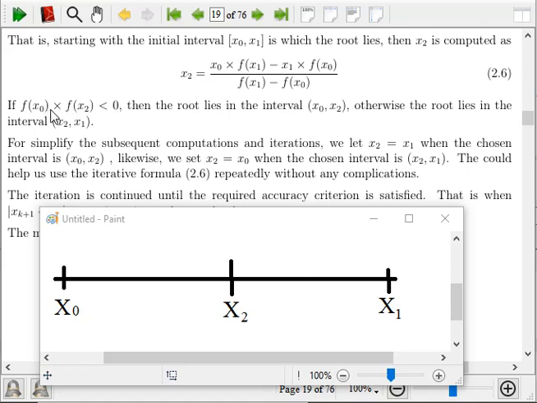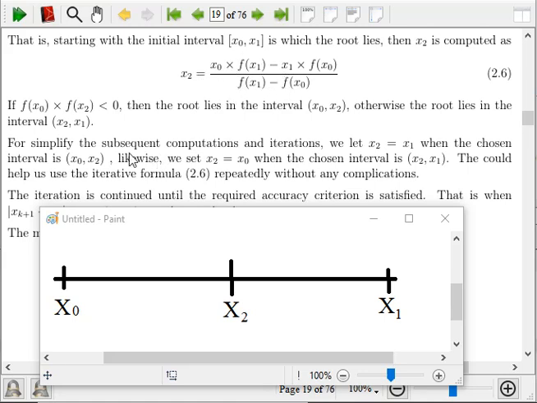So when it is less than 0, the new interval becomes x0 and x2, as you can see here. And when it's greater than 0, the new interval will be x2 and x1. But for simplicity, when it is x0 and x2, we replace x2 with x1 so that we can use the same formula.